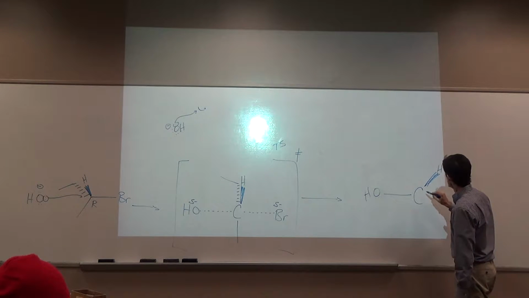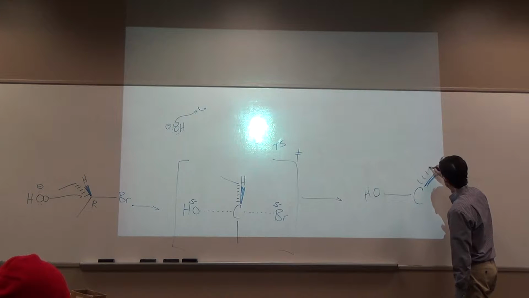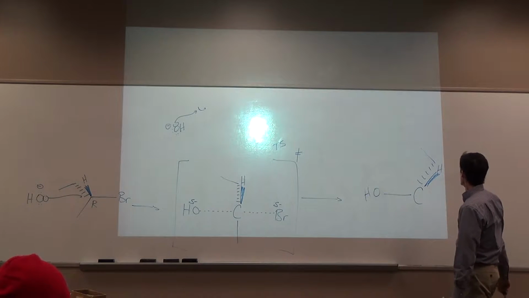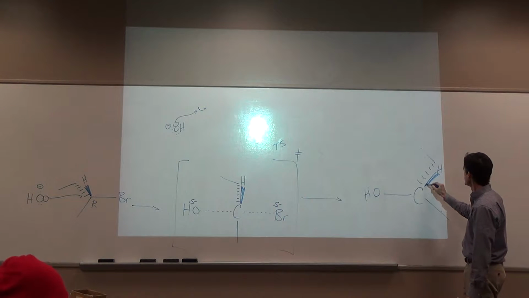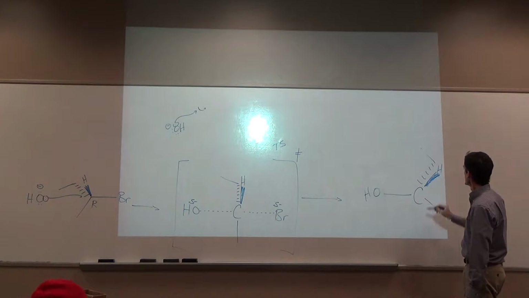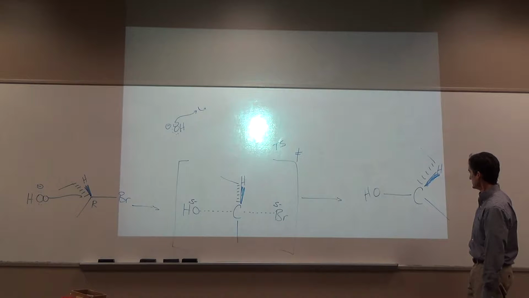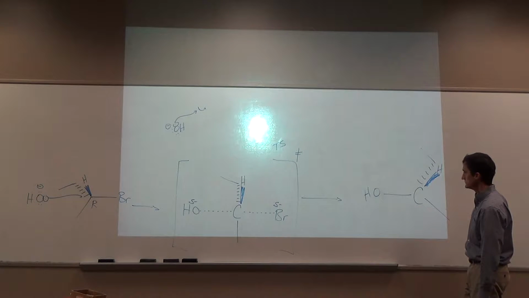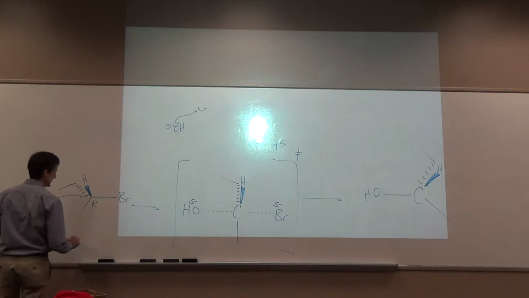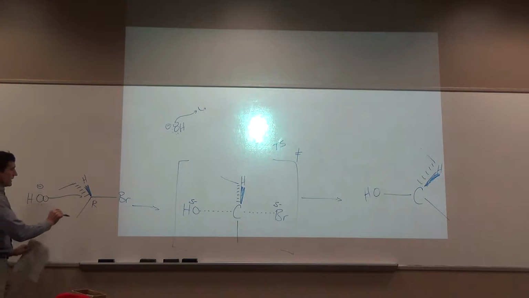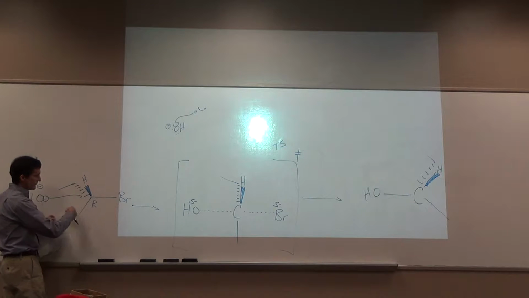H, ethyl and methyl. Bromine, ethyl, methyl is this way, but H is forward, so it's R.